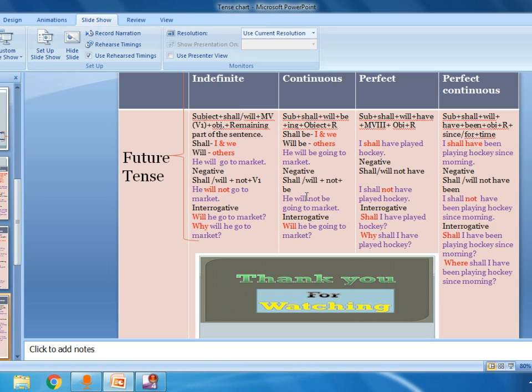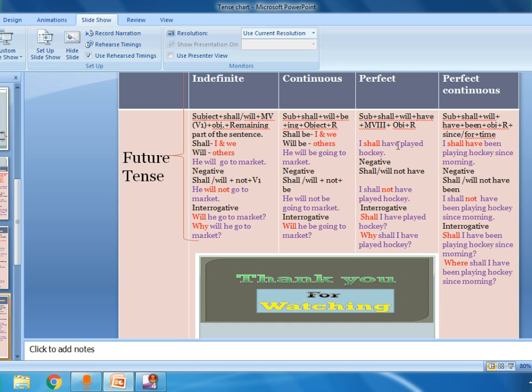So we can say the sentence is future continuous tense. Here will is also before subject and first form of the verb is also here. So we can say the sentence is future continuous and it is an interrogative sentence.